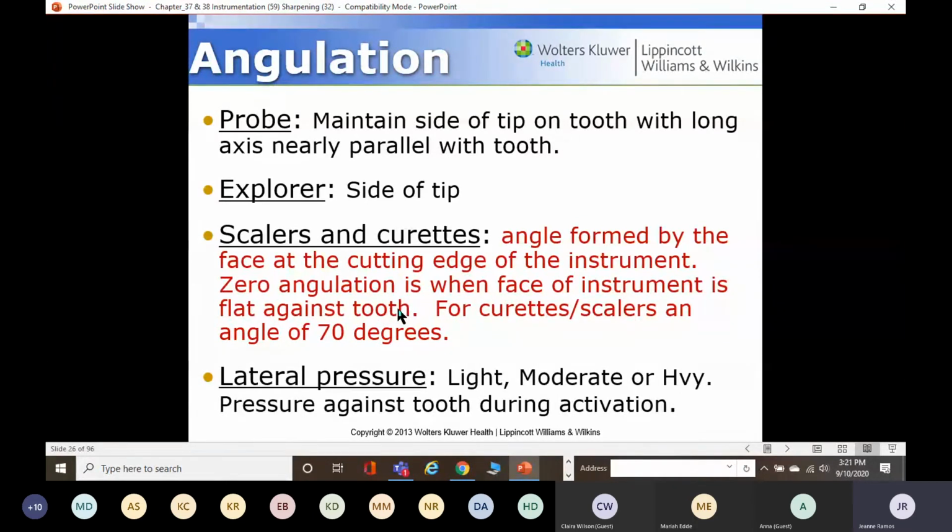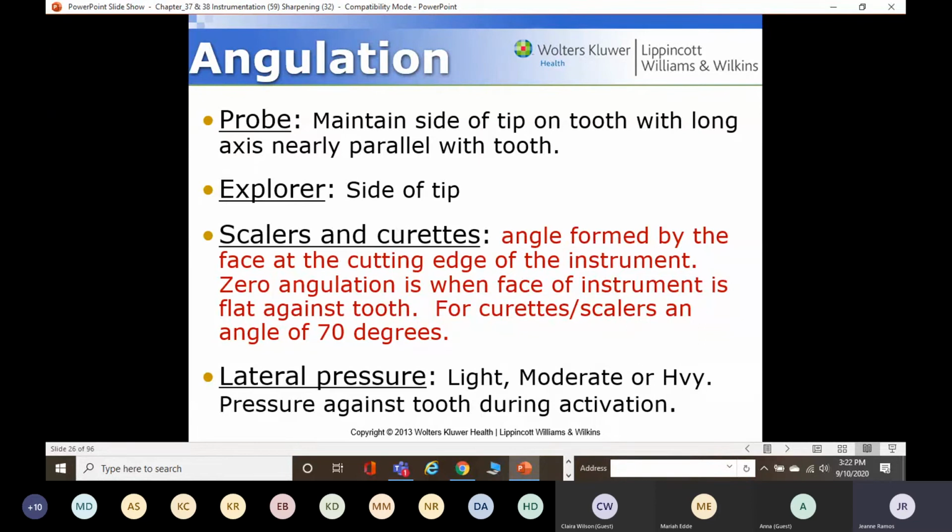And they're saying for test questions that, let's say one of your patients had a 6 or 7 millimeter pocket, how you put the instrument subgingival is that you make the face flat against the side of the tooth while you're going down. When you get down to the bottom, then you open it up.